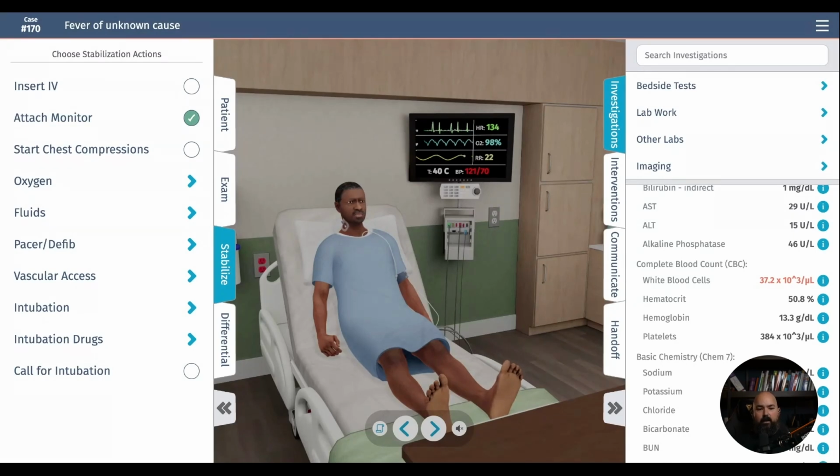But it does create an environment where you have to think in the back of your head, do I need to at least exclude sepsis, or do I need to treat as if it was real? Because one of the 5 I's of DKA is infection, because any infection can have this as a resultant effect.